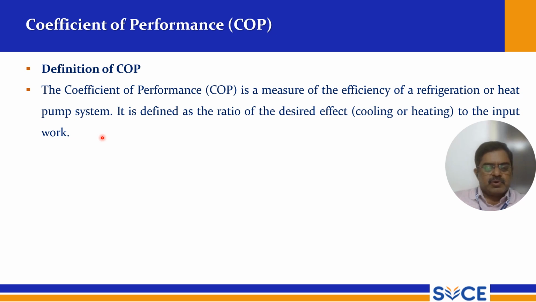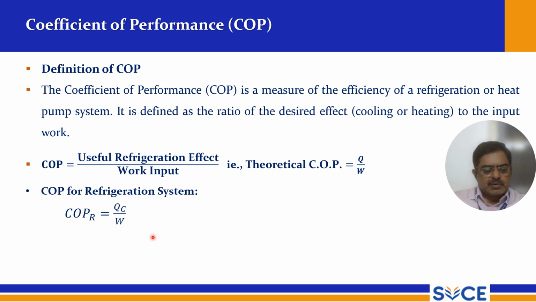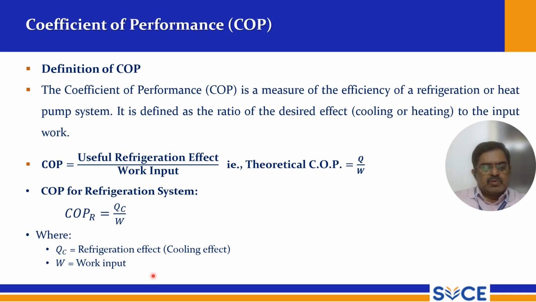In terms of Q can be in both ways. It can be heat supplied or it can be heat removed in case of refrigeration system. In case of a heat pump system, it is nothing but heat supplied. So COP is equal to useful refrigeration effect divided by work input. It is theoretical COP equal to Q by W, and COP for refrigeration system, it is QC by W. QC is nothing but the cooling effect, refrigeration effect, and W equal to work input.